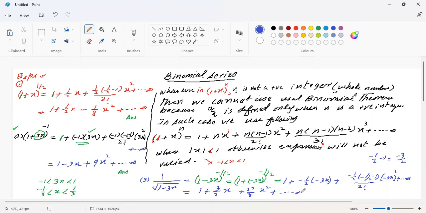You can write the infinitely many terms of this binomial expansion. So far as its validity is concerned, we once again write minus 3x lying between minus 1 and 1, then you can write its values of x for which it is valid.